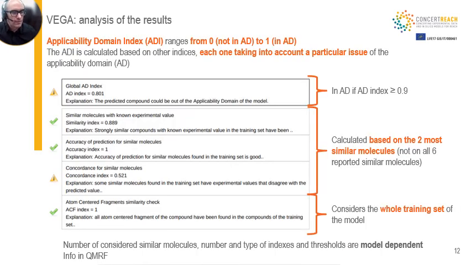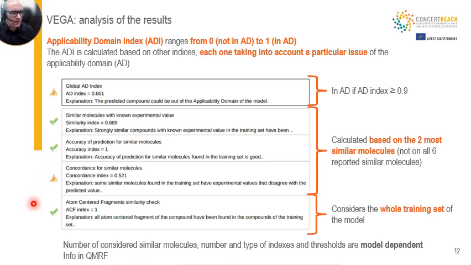Now, coming to the applicability domain, VEGA uses several parameters to evaluate the compliance. And the number and type of these parameters depend on the model. So what we see on screen are the parameters used for this specific model, the knowledge-based model for Ames test by ISS.